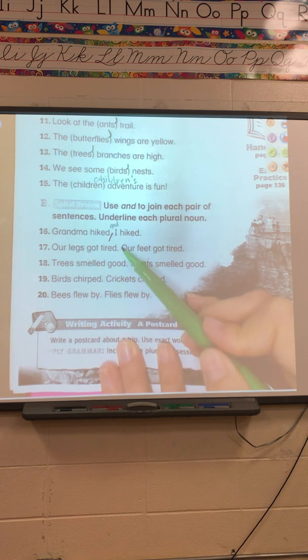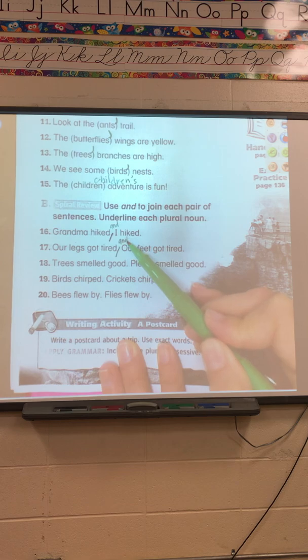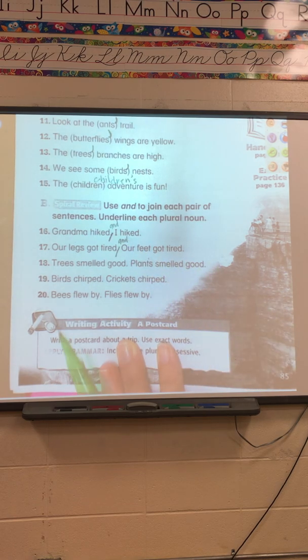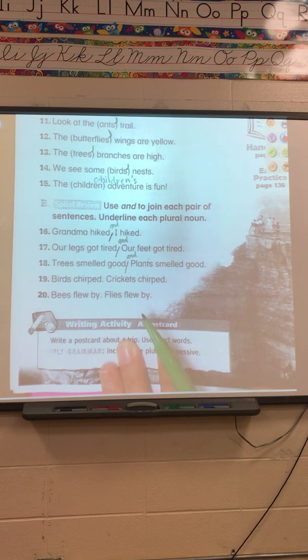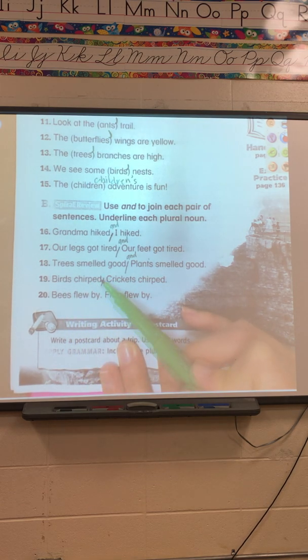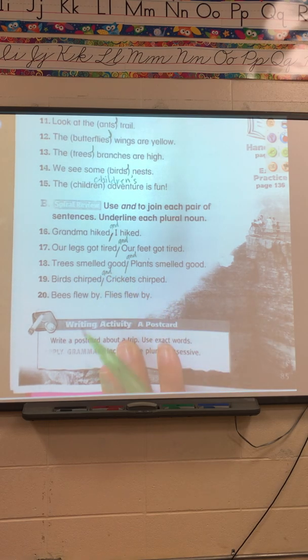Our legs got tired, cross out the period, and our feet got tired. Trees smell good, cross out the period, add and. Plants smelled good.